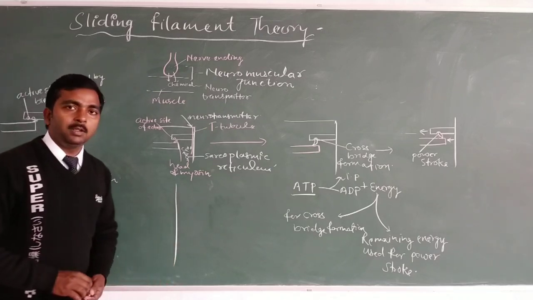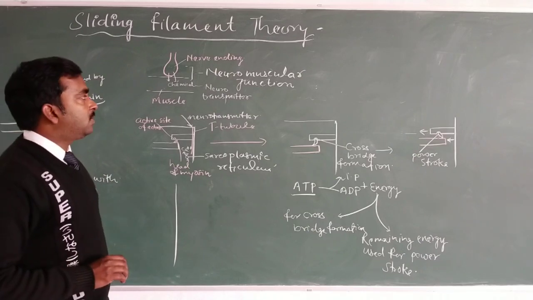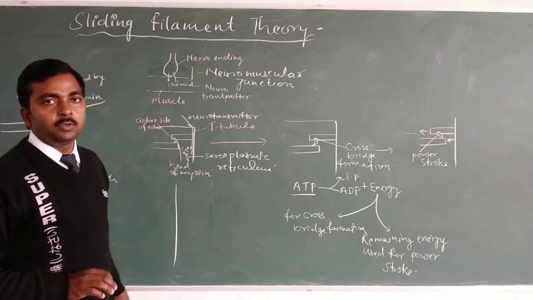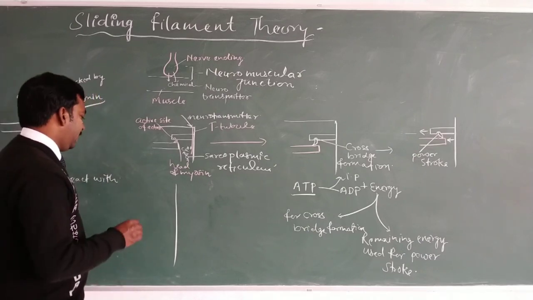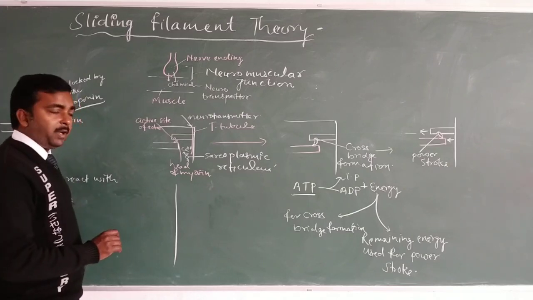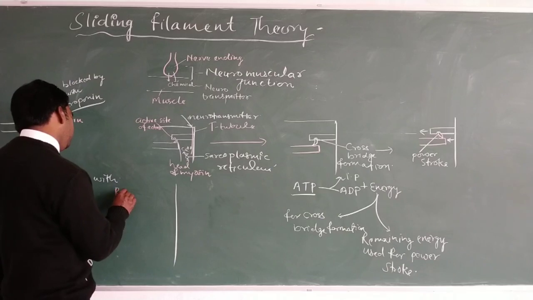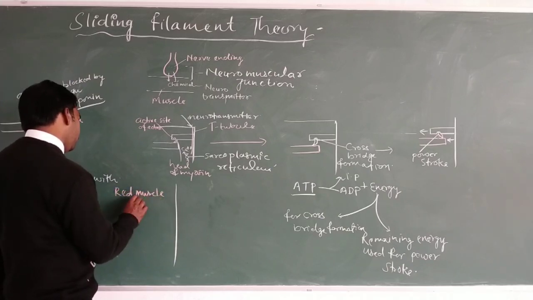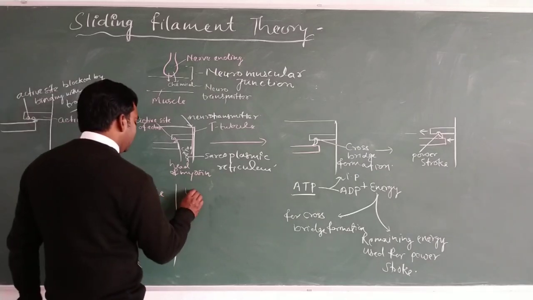Here, one other thing is also related to the topic of muscle, the types of muscle. Types of muscle are again classified as red muscle fiber and white muscle fiber.